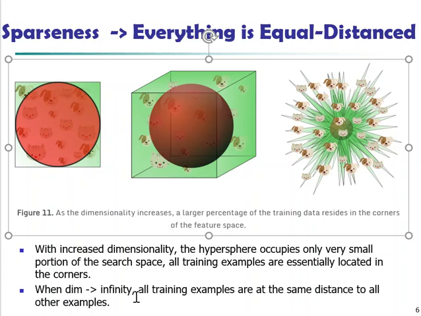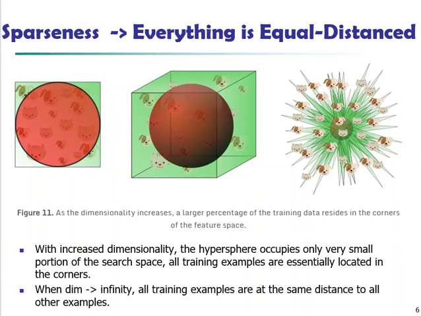This is the reason that high dimensionality creates problems in machine learning and data mining. In the following weeks, when we study different learning algorithms, we will revisit this concept many times.